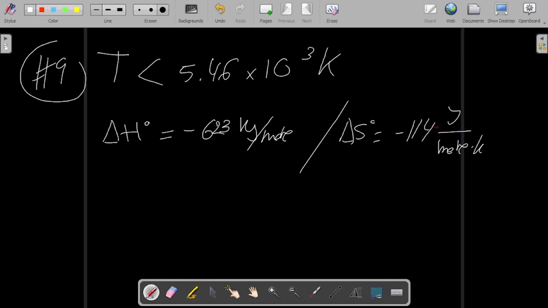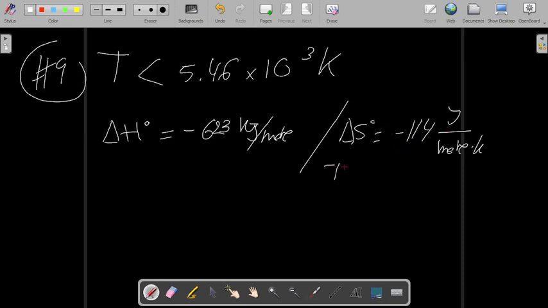Well, the first thing I need to notice is that the units are not the same. Please notice kilojoules versus joules, that's going to be a problem. So the first thing I need to do is change my joules into kilojoules.